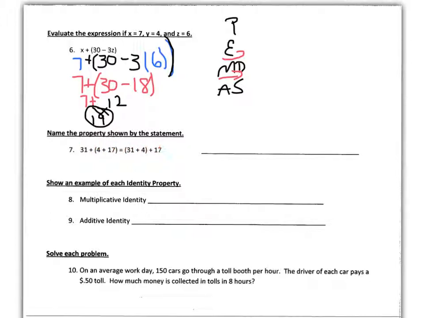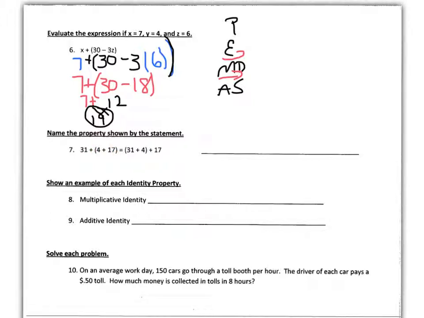Okay, so 31, 4, 17. 31, 4, 17. So they didn't move around, they didn't commute, so it can't be the commutative property. So now let's see if they regroup the numbers. If they regroup the numbers, then that would be the associative property. So here they have 4 and 17 together.